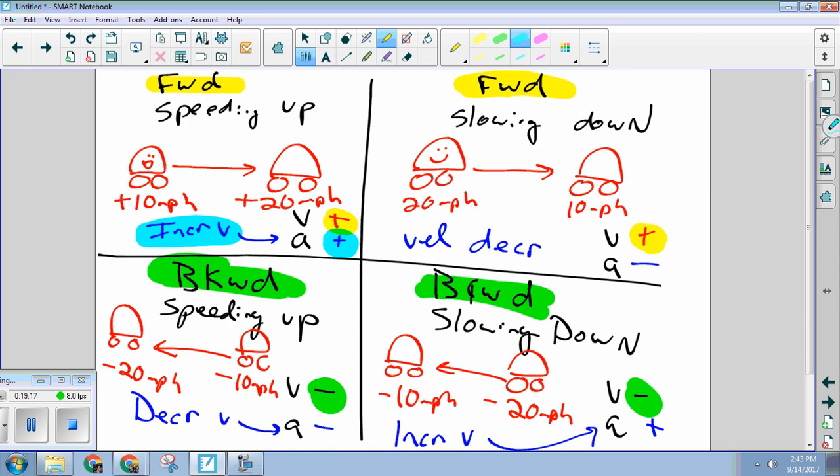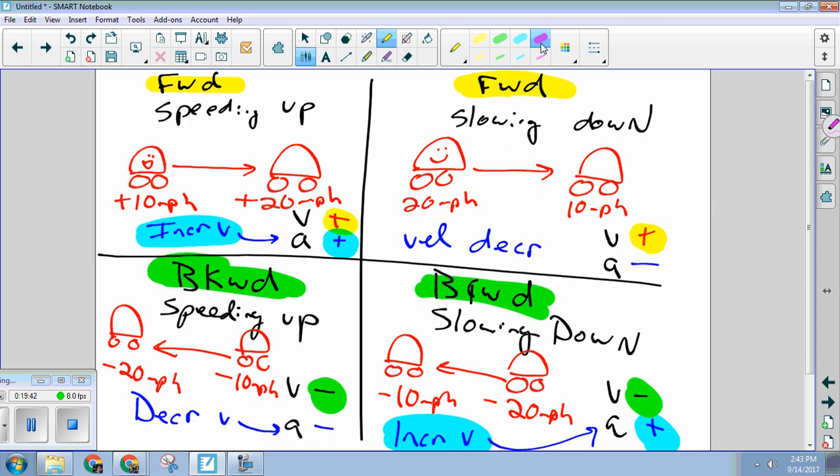If your bank account went from negative 20 to negative 10, that's good, right? I mean, it's not great, but it's better, because it's less bad. So that's an increasing velocity, and therefore a positive acceleration. Follow?